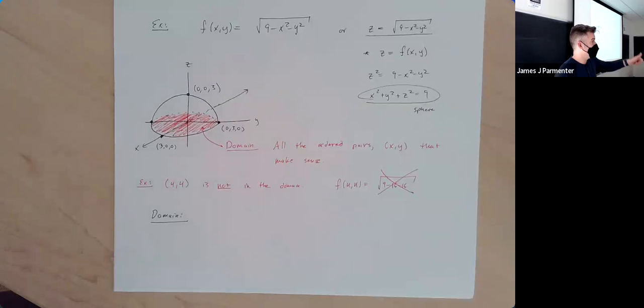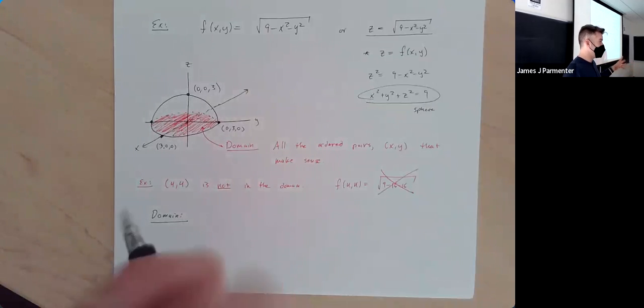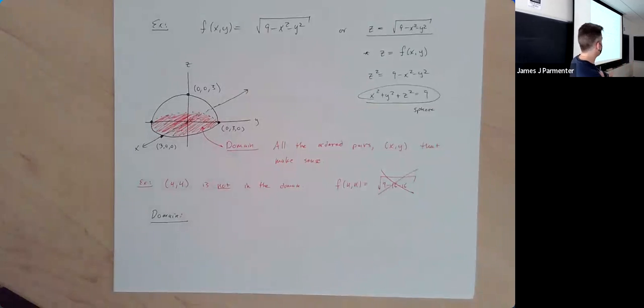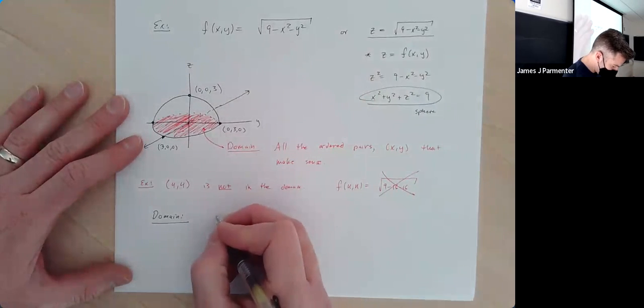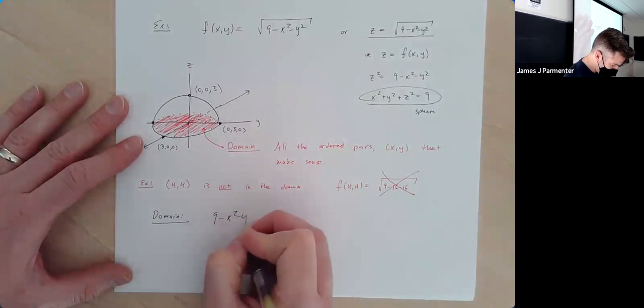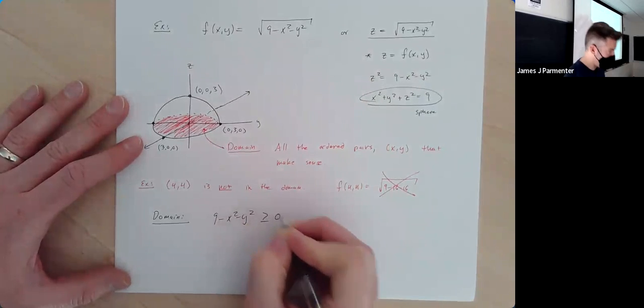We still can't take the square root of a negative, we still can't divide by 0, and we still can't take the logarithm of 0 or a negative. So the same rules apply. It's just now the input is more complicated. Just like before, the stuff we're taking the square root of has to be non-negative.